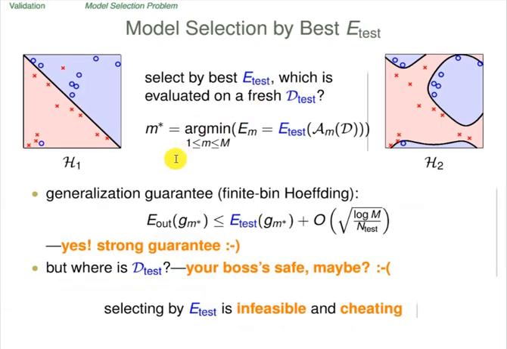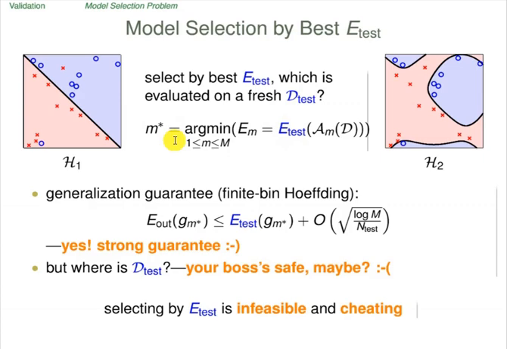Next, another strategy. What if we consider selecting a model by using the E-test performance measure? In this case, we can train a model using the training data and use D-test, the test dataset, to select the model using the E-test performance measure. We select M star among all models based on data and its performance on D-test, assessed by test performance.